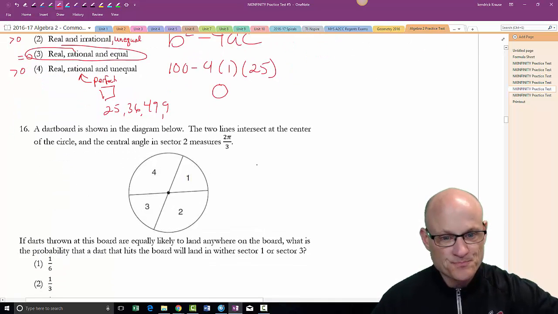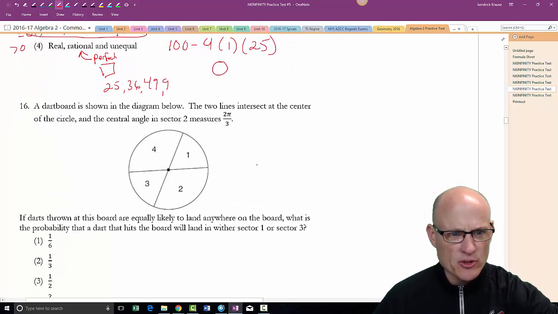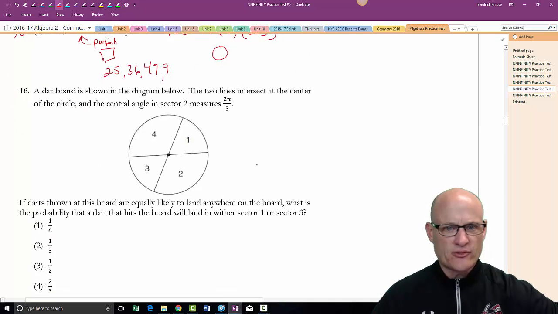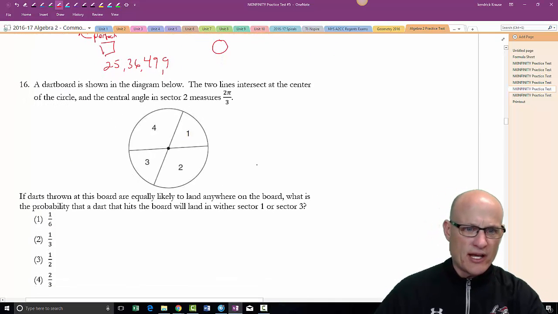All right, moving on. A dartboard is shown below. The two lines intersect at the center, and the central angle for sector 2 is 2 pi over 3. So this is 2 pi over 3, and we know that 180 degrees is pi.